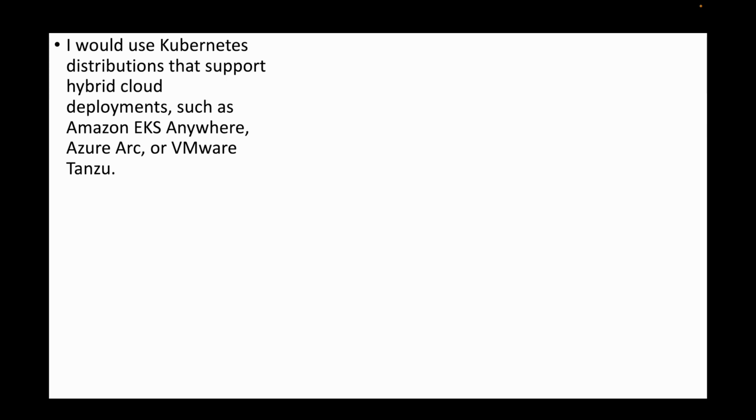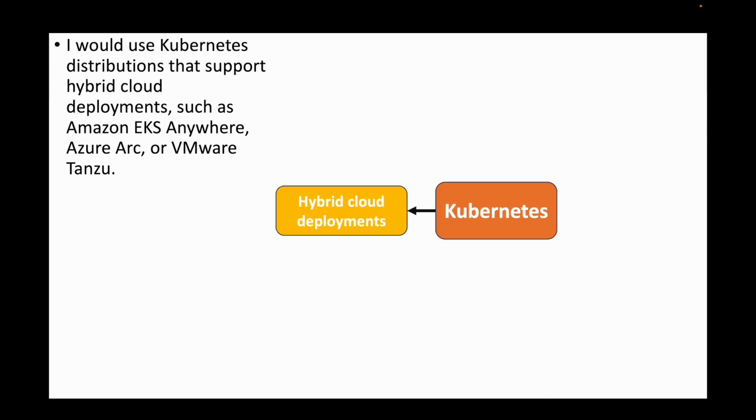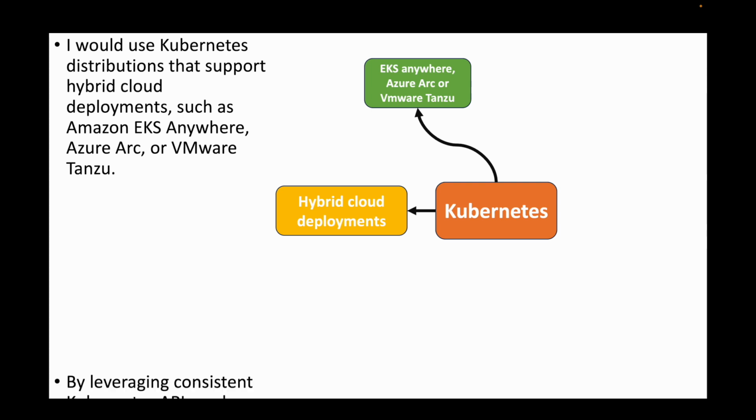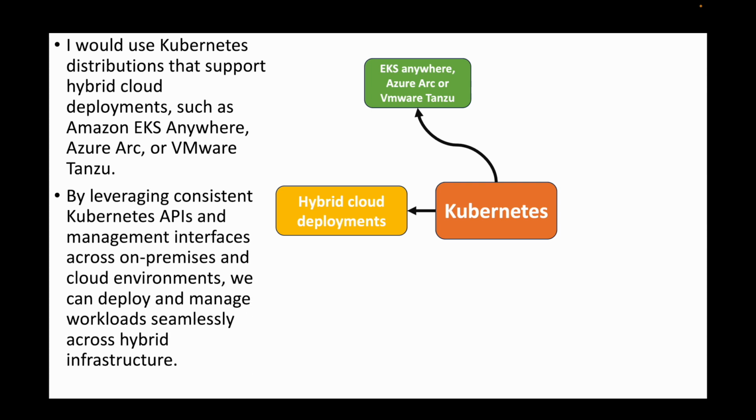So for this, we can make use of your Kubernetes distributions that support hybrid cloud deployments, such as Amazon EKS Anywhere or Azure Arc or VMware Tanzu. So we can make use of any of these that support your hybrid cloud deployment. When we talk about your on-premises and cloud, that becomes your hybrid architecture.